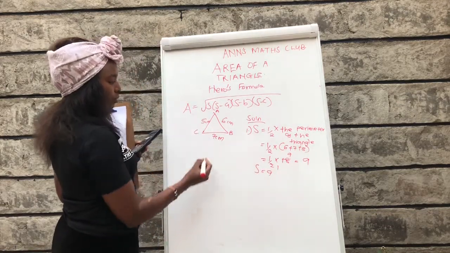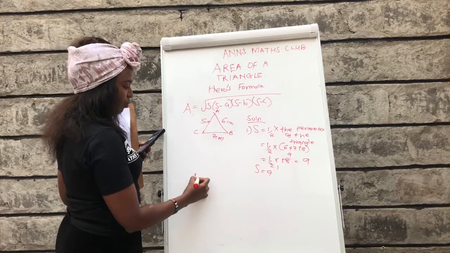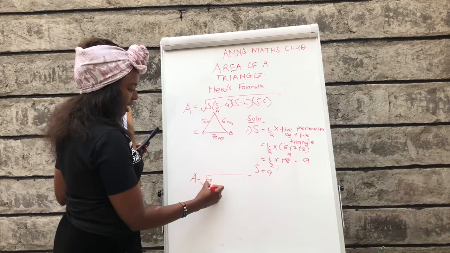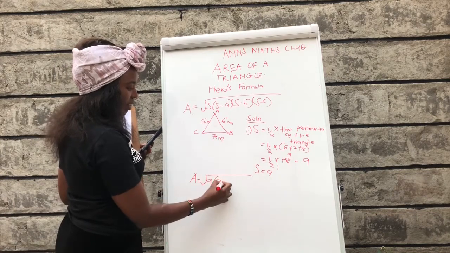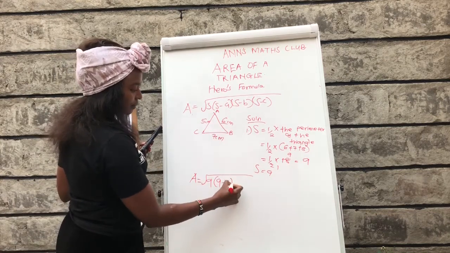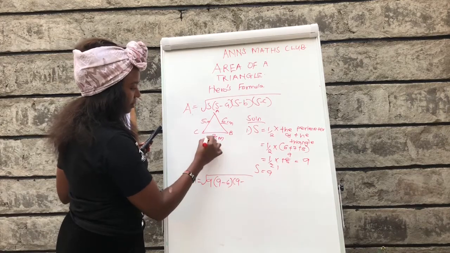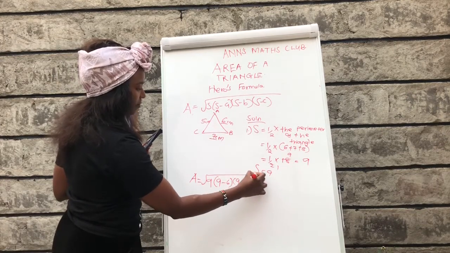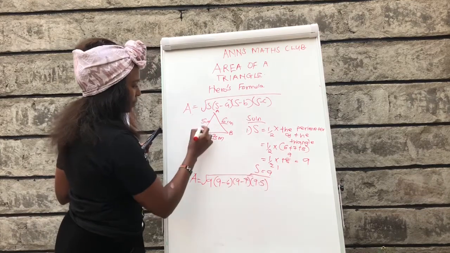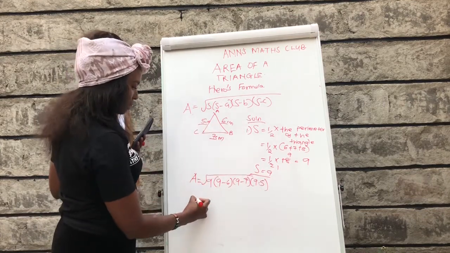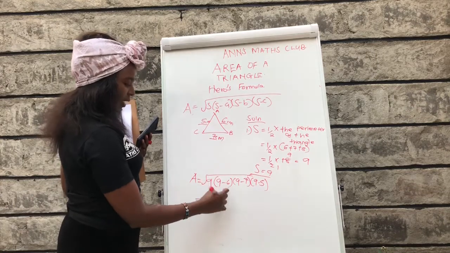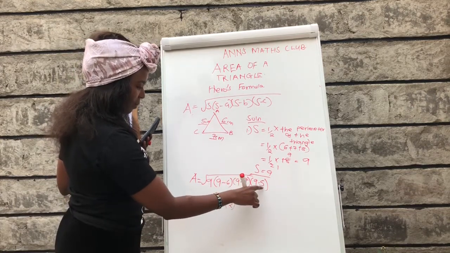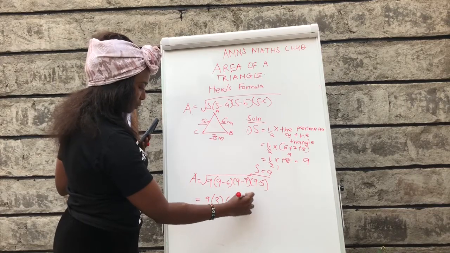So you come back to the question, area is equal to, where there's s, we know it's a 9, then 9 minus 6, 9 minus 7, and 9 minus 5. So this becomes 9 times 3, 9 minus 7 is 2, 9 minus 5 is 4.